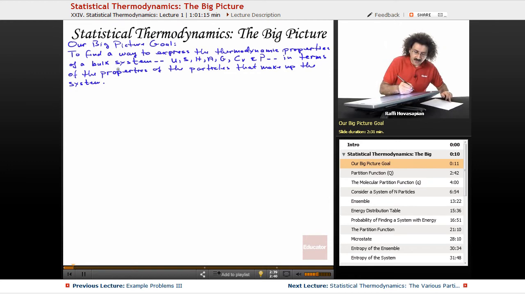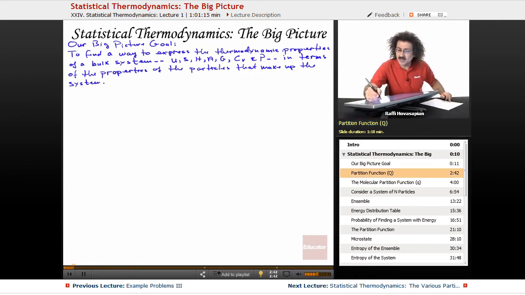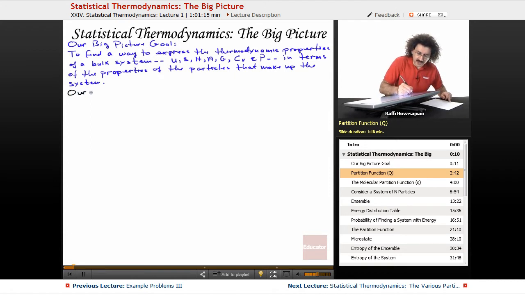Our primary tool in this investigation is going to be something called the partition function.